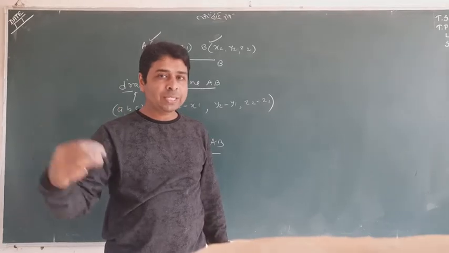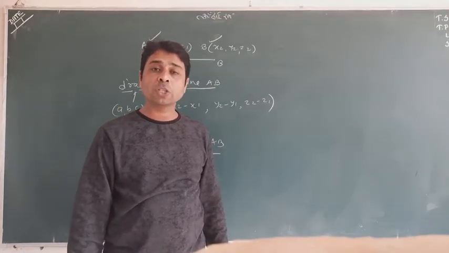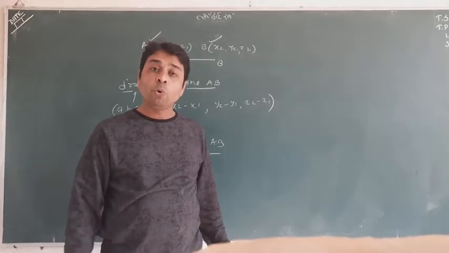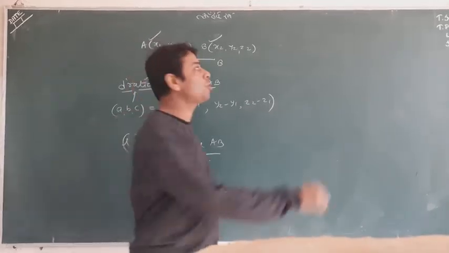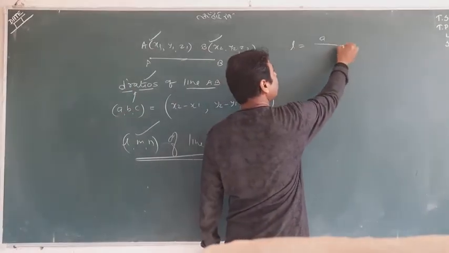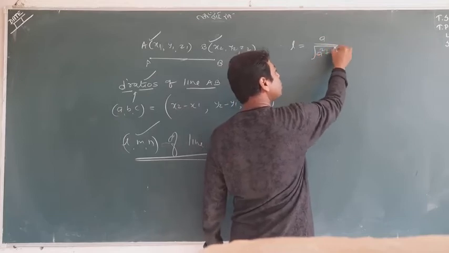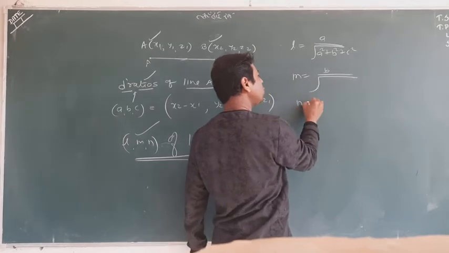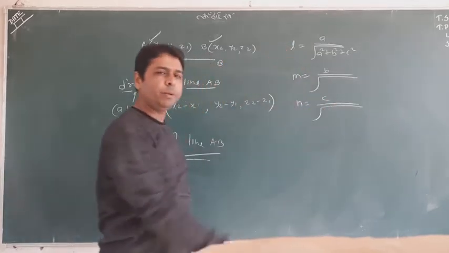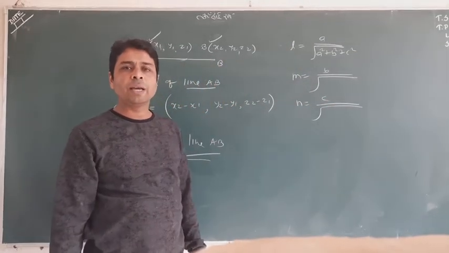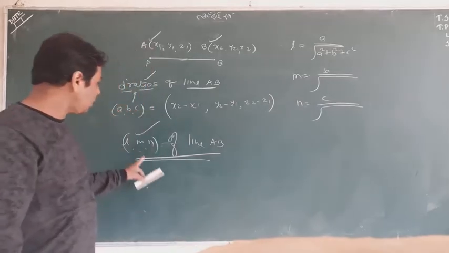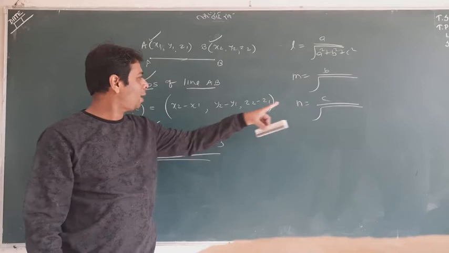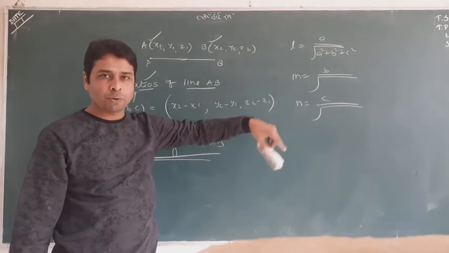We have only two ways: either cos alpha, cos beta, cos gamma, but the angles alpha, beta, gamma are not given, so only the second way will be followed: l equals A upon root of A square plus B square plus C square, m equals B upon the same, and n equals C upon the same. This formula will be used for finding direction cosines, so after finding A, B, C you can use it and get the answer.